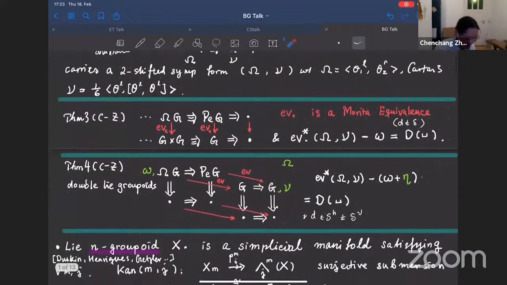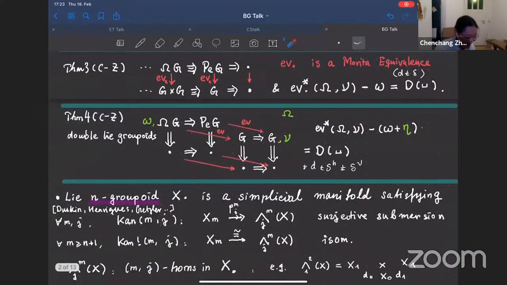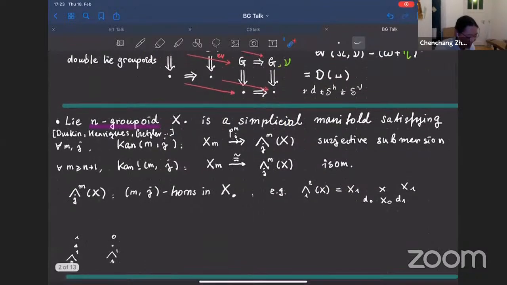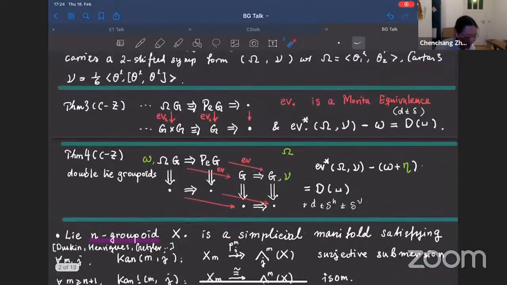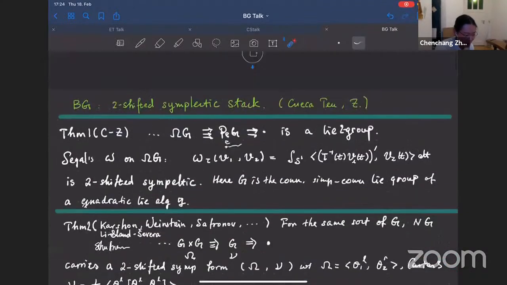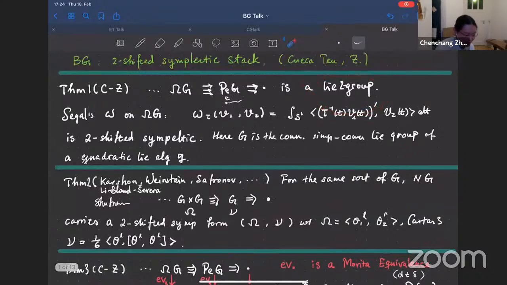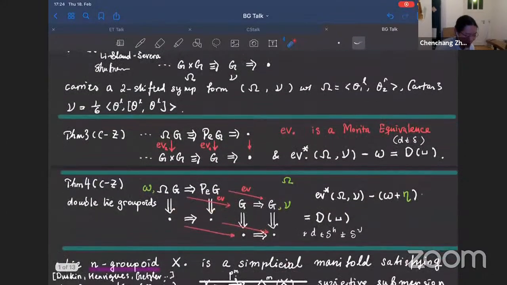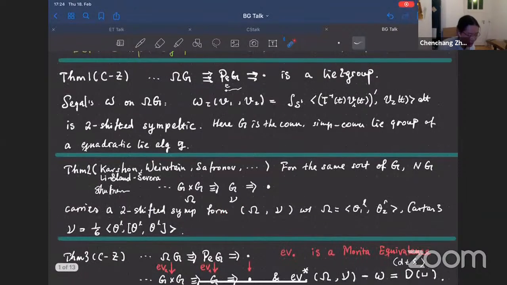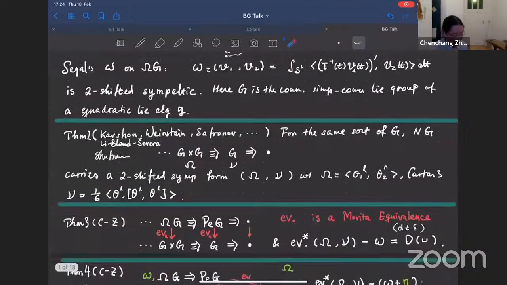So, let's start. Maybe I start by explaining this Lie 2-group first. Especially if I want to say clearly what is 2-shifted symplectic, I will really need the foundation.